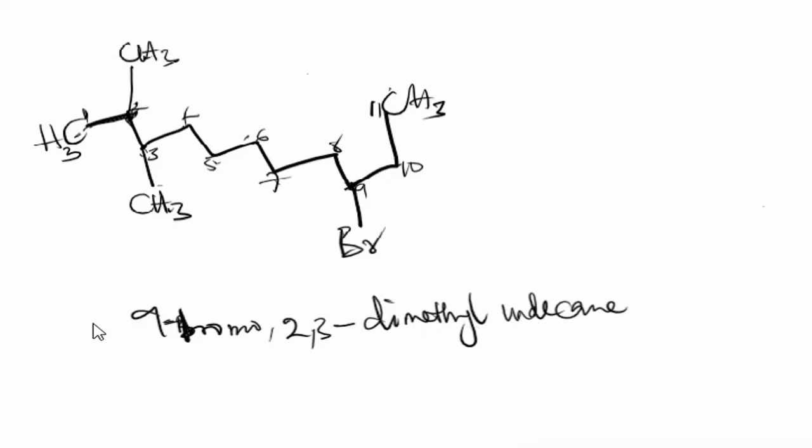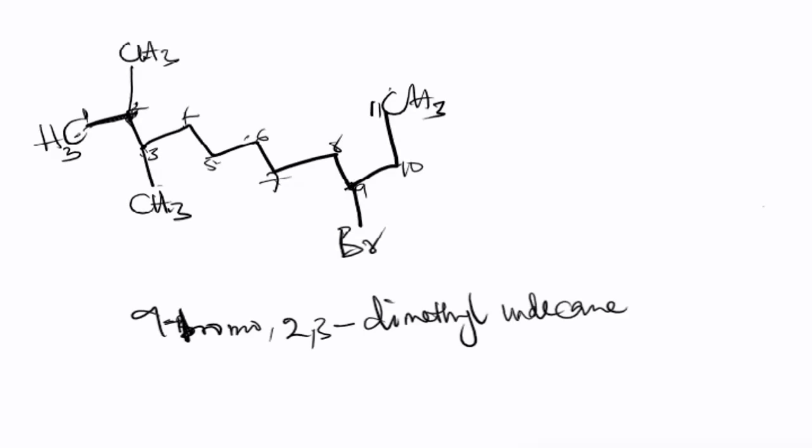So lastly, the last rule here, the numbers of the carbon atoms to which a recurrent substituent is bonded are indicated and then separated from each other by commas.